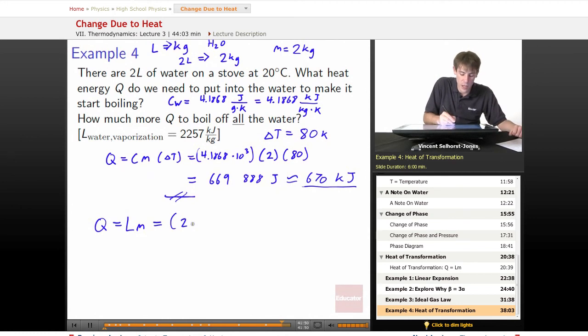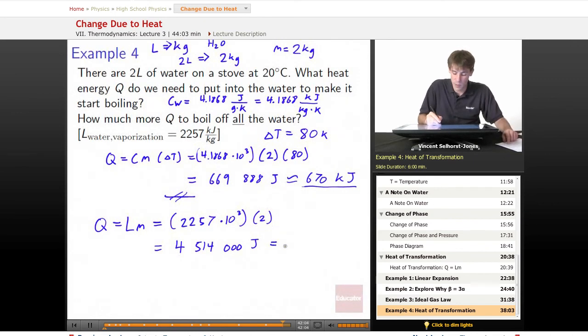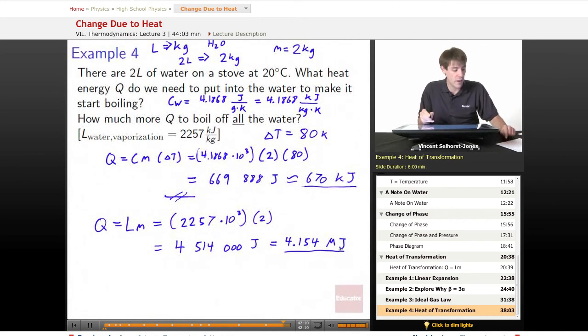So L is 2,257 kilojoules, so kilo times 10 to the third, times 2 kilograms. We get 4,514,000 joules, which is the same thing as 4.514 megajoules of energy.